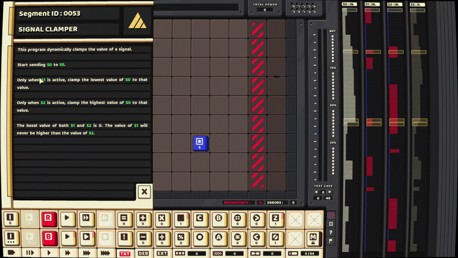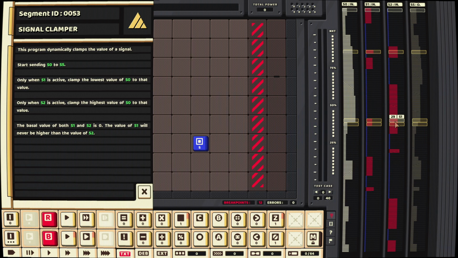I guess these don't mean only when S1 is active. I guess it only means when S1 is active at all. It doesn't mean when S1 is active and S2 is not. If you do mean that, it's when S1 only is active. But only when S1 is active means taking S1 as its own thing when it is active, then okay, yeah, and for S2 the same thing.